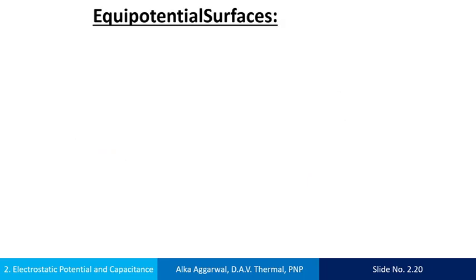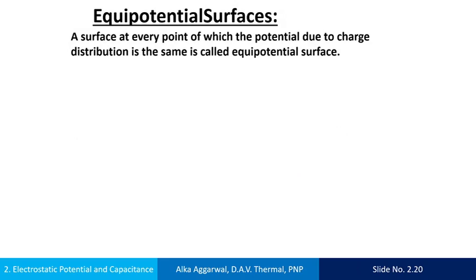Now the equipotential surfaces. Equipotential surfaces are those surfaces at every point of which the potential is the same. Remember, as the name indicates, equal potential.